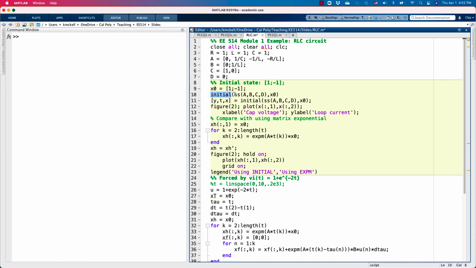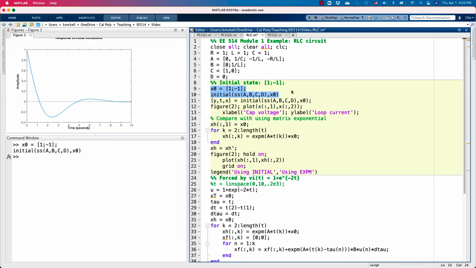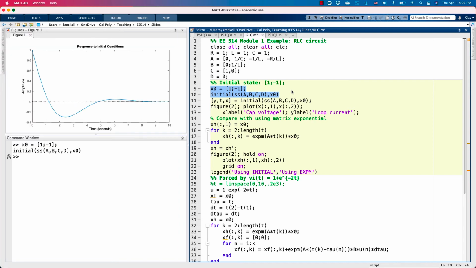So one way to do this, and this is probably the easiest way, is to use Matlab's initial command. Initial takes a state space object and an initial state, and it plots the result. So let's set this up real quick, and we'll just run these 2 lines. Okay, so doing this, we get the output of the system as a function of time.